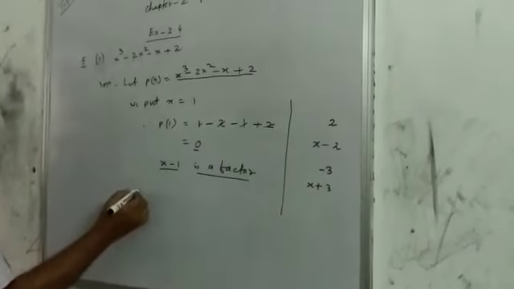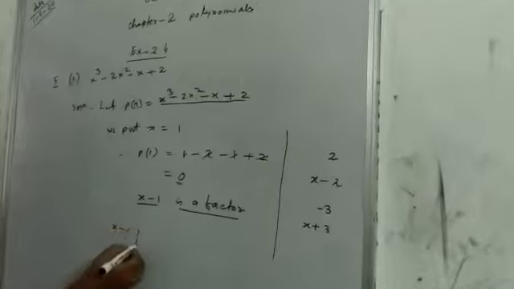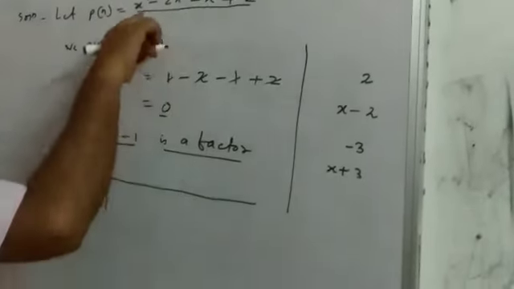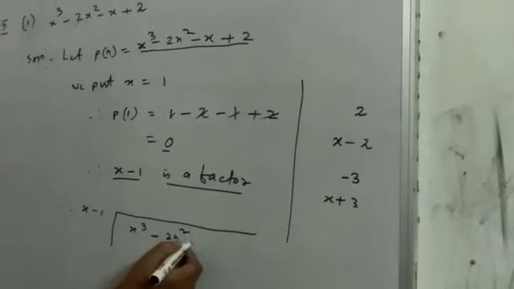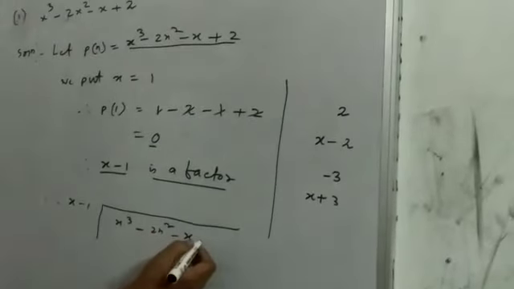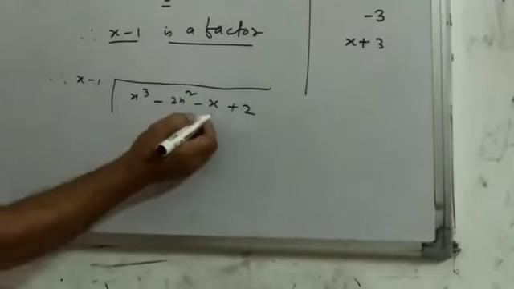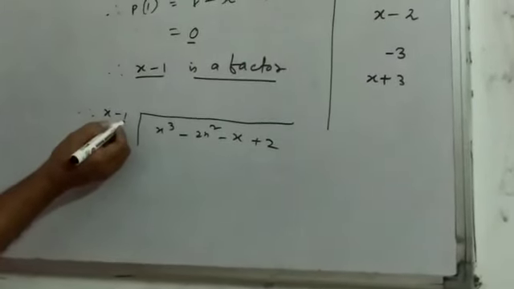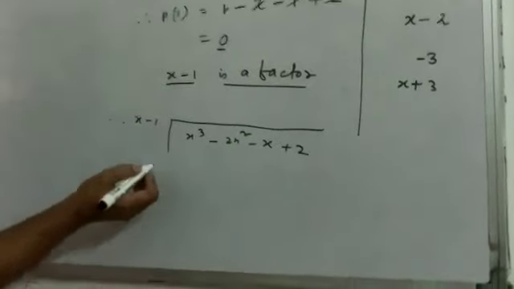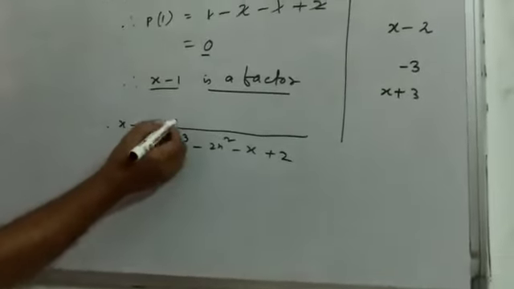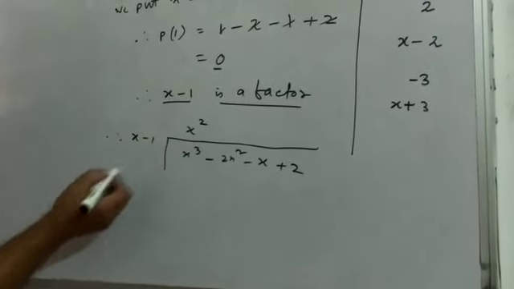So now you see, we divide this polynomial, x cube minus 2x square minus x plus 2, by x minus 1 by long division method, and I think you know this process. So now to get x cube with x, the term should be x square.